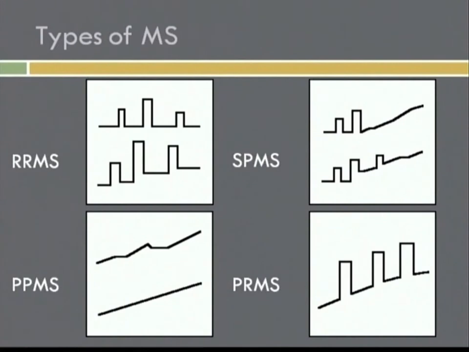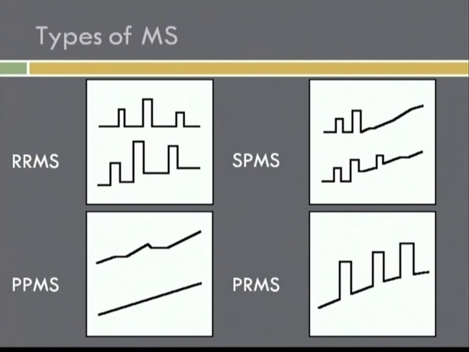And so this is just a graphical representation of the 4 different kinds of MS. And as I said, it's a combination of attacks and progression. So what these mean are these rectangular bars represent attacks. And then you see the line that slopes upward, that represents progression.